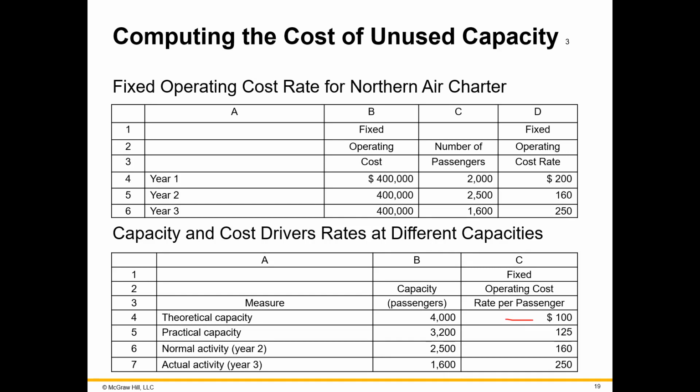Now we know that this is not going to be an accurate number, because for theoretical capacity, that's almost impossible to hit in real life. If you use practical capacity, the number is $125 per passenger. If we're using normal activity or actual activity, the number also changes. So it's very important to read the question and determine which level of activity they want you to use to calculate the operating cost.